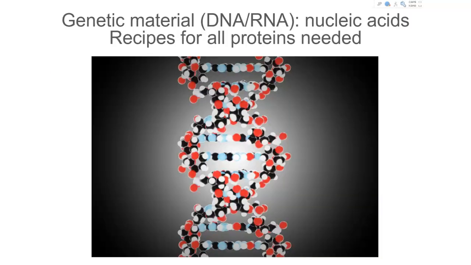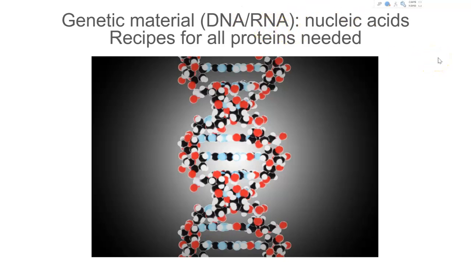All right, so inside the nucleus is the genetic material, and the double-stranded version is DNA, and that is the full recipe book for all of the proteins you might ever need. DNA is a nucleic acid. RNA is also a nucleic acid.